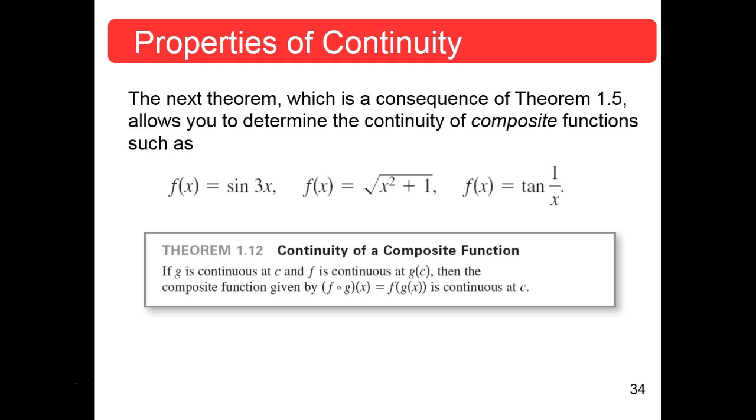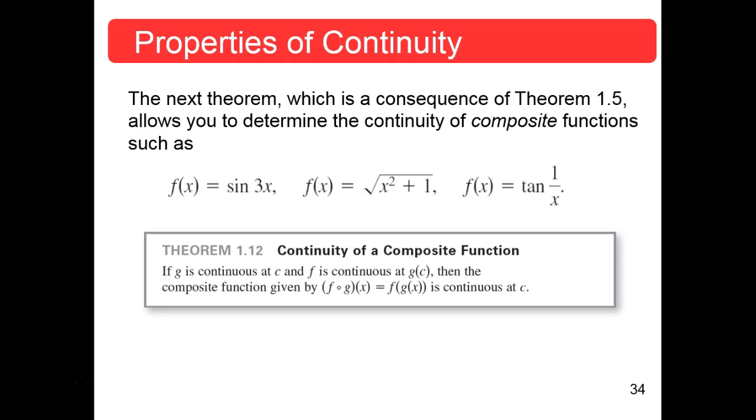And this would just be f of x equals sine of 3x. That would be continuous everywhere. Why? Because 3x is continuous everywhere. It's a polynomial function. Continuous everywhere. No limitations on that at all. And sine is continuous everywhere, so f of x would be continuous everywhere.